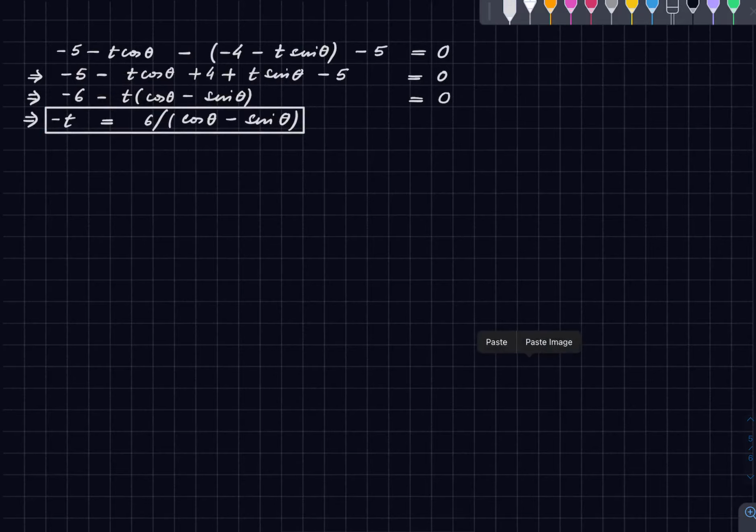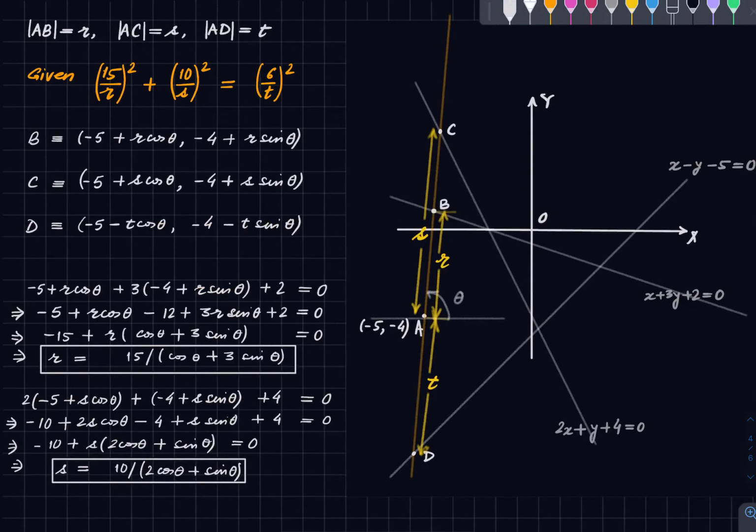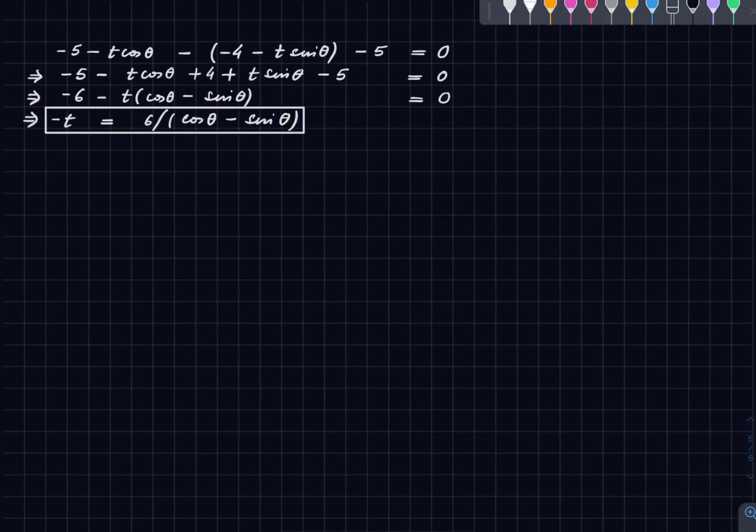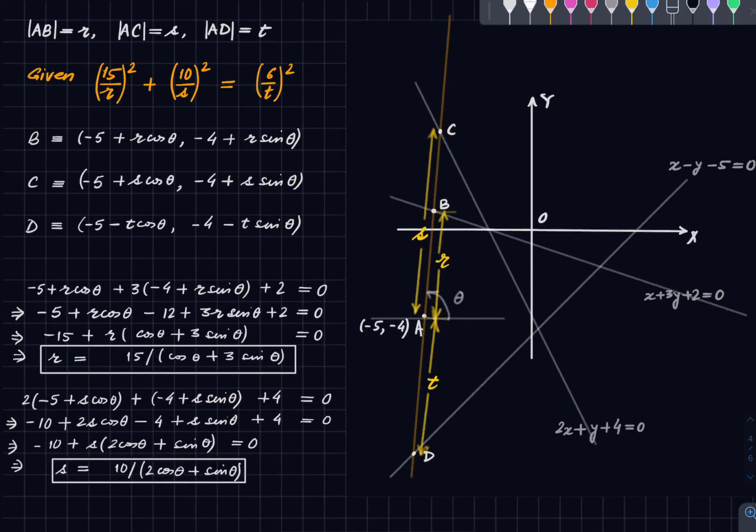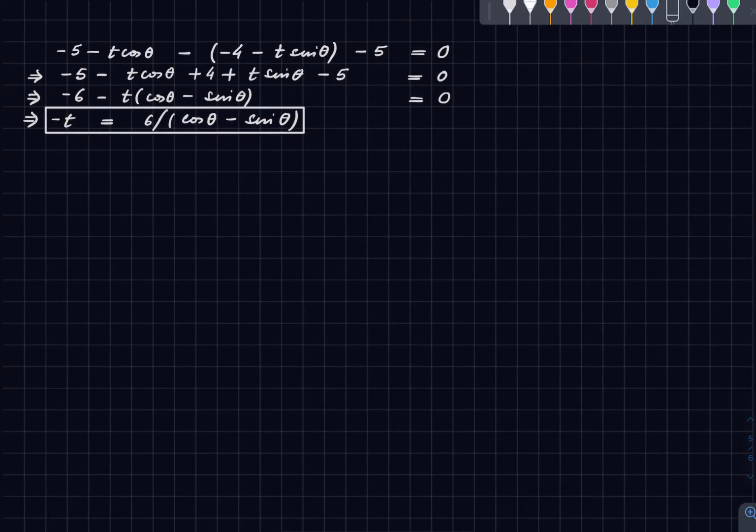So now we will just use the expressions for r, s, and t that we get. We just have to substitute, and the numbers match very nicely: 15, 10, and 6. This is a minus t, so let's write a plus t, although it doesn't really matter because squares are involved.